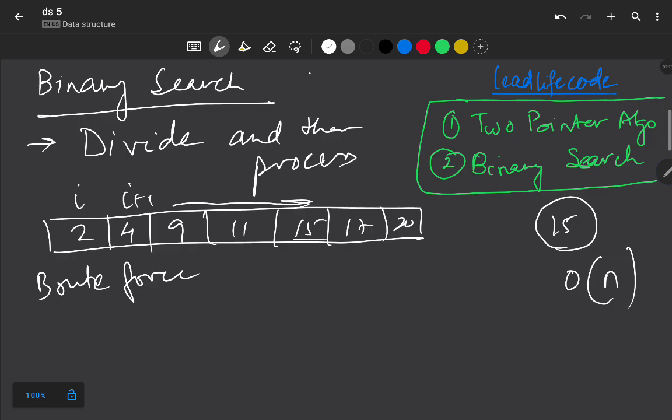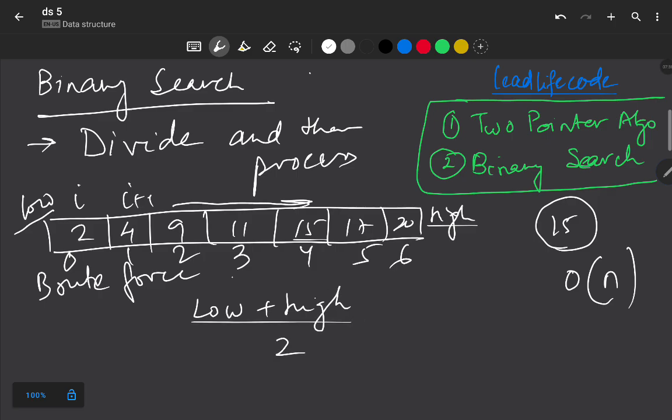Got it? So now in binary search, what happens is you have to divide. So basically in binary search, this is the lowest, this is the highest index. So 0, 1, 2, 3, 4, 5, 6. So low plus high by 2, that is equivalent to 0 plus 6 by 2, 3.